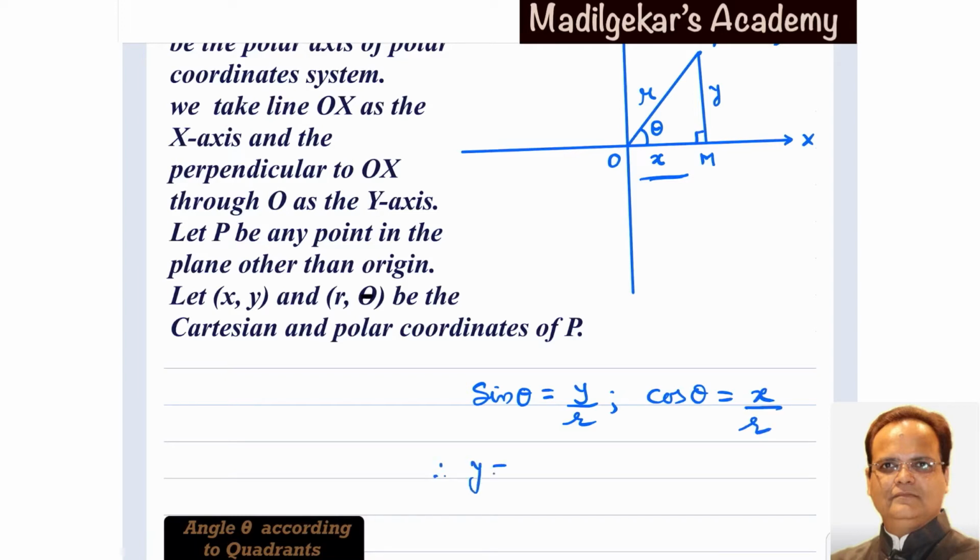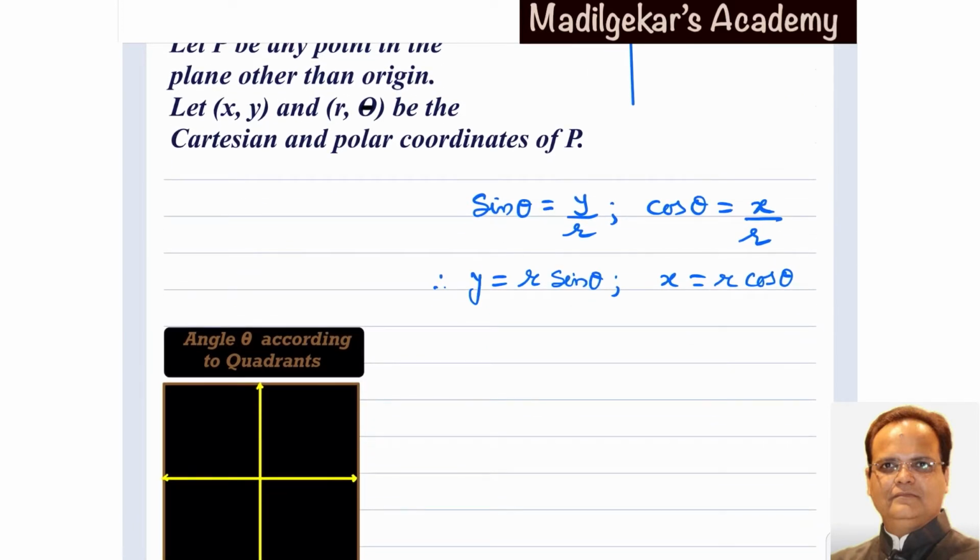From this, y is r sine theta, whereas x is r cos theta. So if we know r and theta, then we can find the Cartesian coordinates as r cos theta, r sine theta. So this is the conversion from polar to Cartesian.